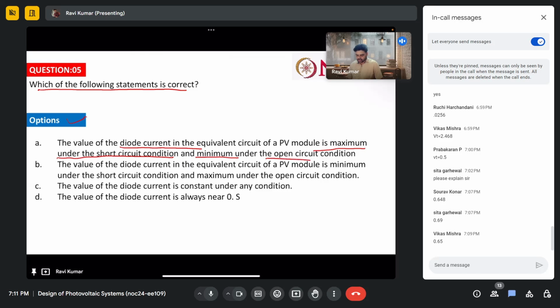Second option says this is minimum at short circuit condition and maximum at open circuit condition. Third says it does not change, and D says the diode current is always near to 0. So which option do you think is correct here?